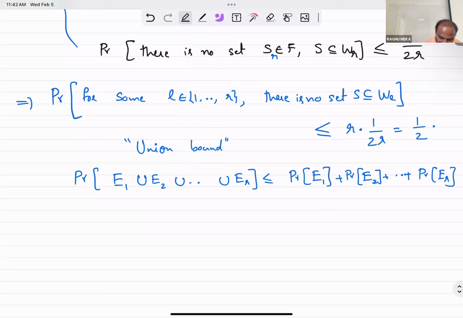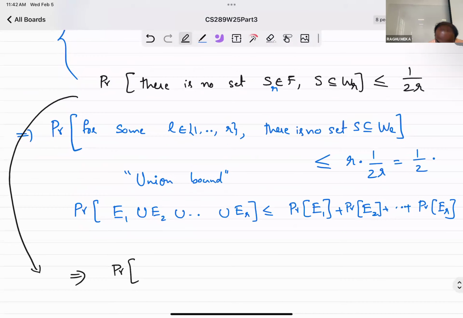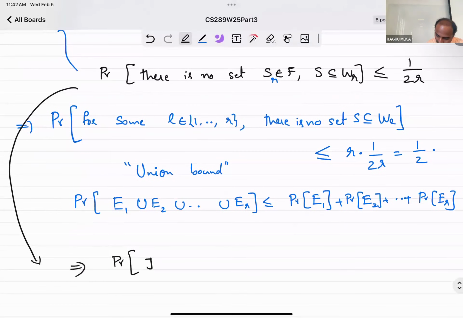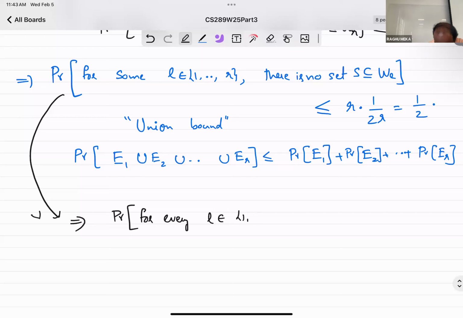So what do we gain from this? We gain the following. So this implies that the probability for every L there exists a set SL.